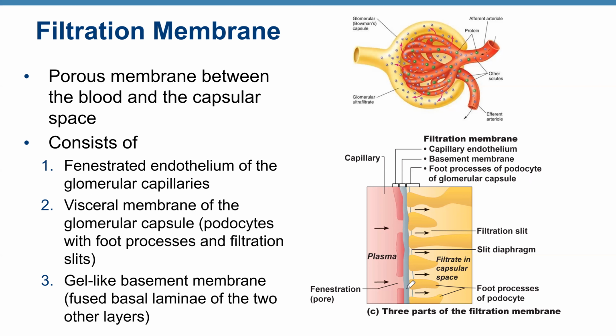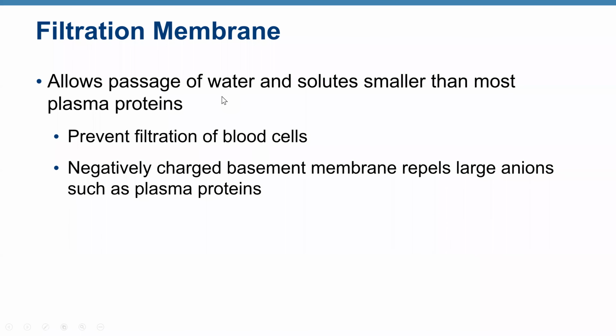So those are the three parts of the filtration membrane. The filtration membrane allows passage of water and solutes smaller than most plasma proteins. It prevents filtration of blood cells, and the negatively charged basement membrane repels large anions such as plasma proteins.